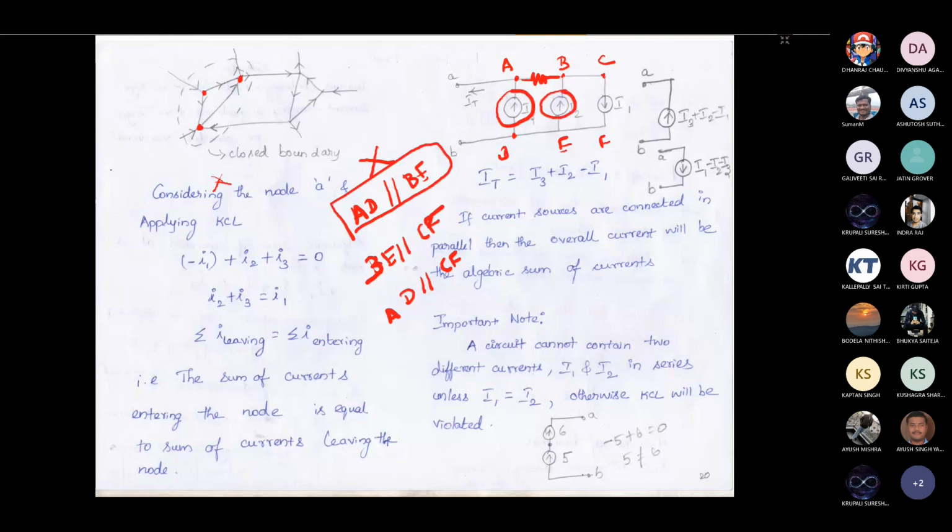Sir will teach you in detail in class, I am not going in depth, but you just understand that these two elements are not parallel if you have a resistor in series like this. But BE is parallel to CF because there is no element connected between these two terminals, so you can consider them parallel elements.